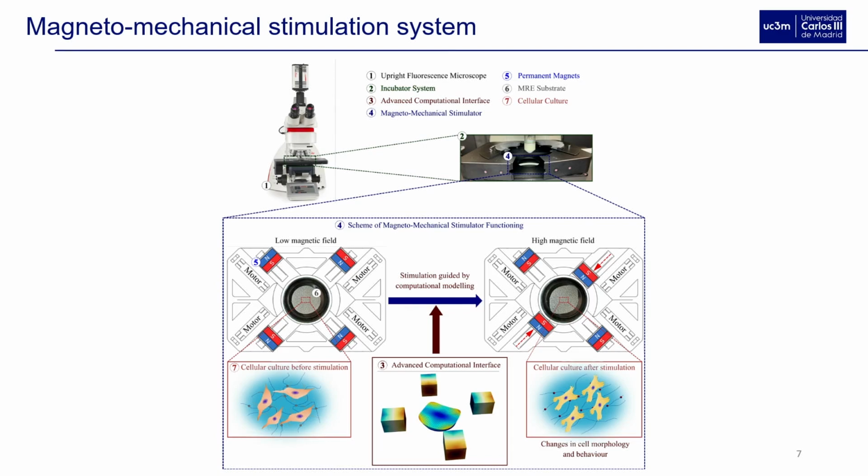Okay, so in that way we can stimulate the cells that are seated on top of the substrate. And of course, this is aided by an advanced computational interface that predicts the strain pattern that you are creating within that magnetic field, and provides you the position of the magnets to recreate that strain pattern.